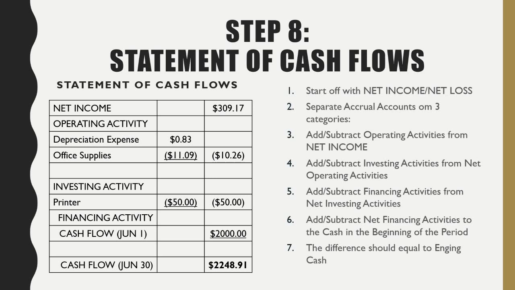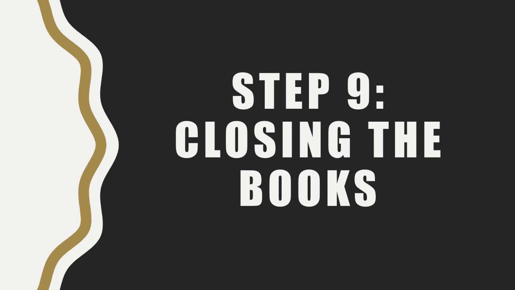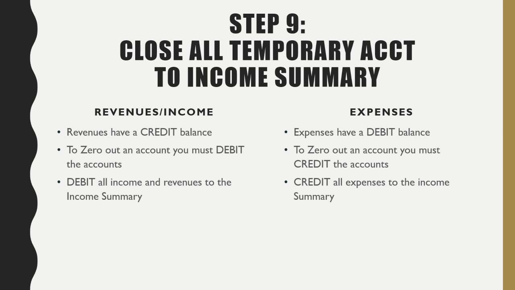Once you've completed that, that's just doing the financial statements. Then we're going to start moving on to step number 9, which is actually closing out your books. Okay. So if you remember this from way back when, closing out your books is basically taking all of your revenues and all of your expenses, which we call temporary accounts, and we close them out at the end of the given period.